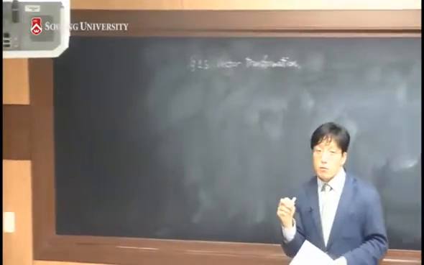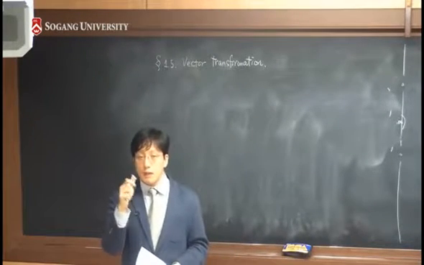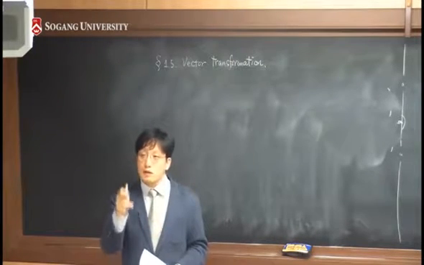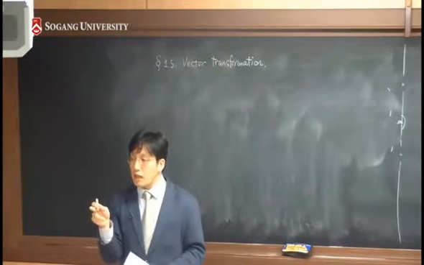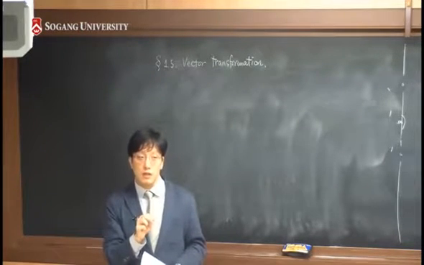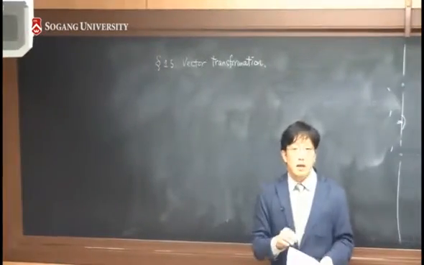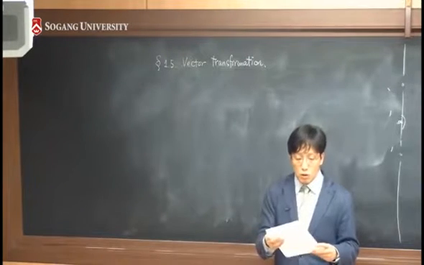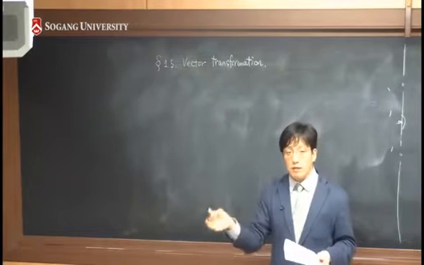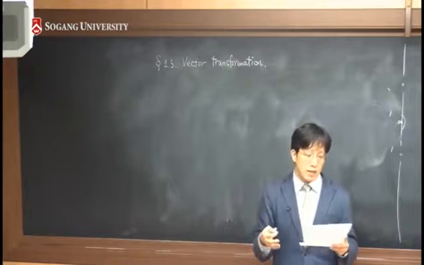So if you would like to make a component expression of a given vector, you should specify the coordinate system first. And as you change the coordinate system, your component expression of the vector also should be modified. Here I will briefly tell you the rule to convert one vector expression to the other when you change the coordinate system.